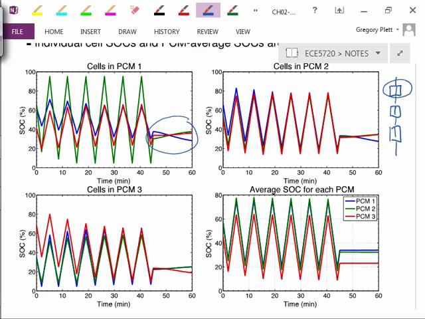Now, the reason these don't converge to exactly the same state of charge in this rest is because of hysteresis. Hysteresis really kind of messes us up. We end up in very different hysteresis states, and the hysteresis state does not change as the cells rest. So hysteresis voltage doesn't change. The capacitor voltage can change in the diffusion model, and the open circuit voltage can change, but the hysteresis voltage cannot.